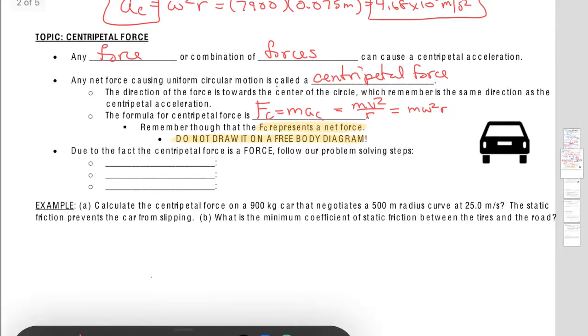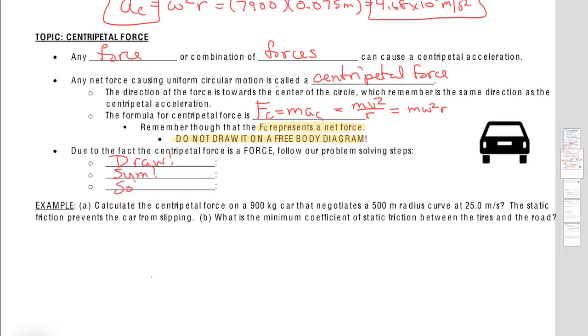And so our problem solving strategy for forces comes into play. Since it is a force, we're going to follow our steps of draw, sum, solve. So draw the free body diagram, sum the forces. When we sum the forces here, we're not going to do it in x and y. We're going to do what I call circular, non-circular.